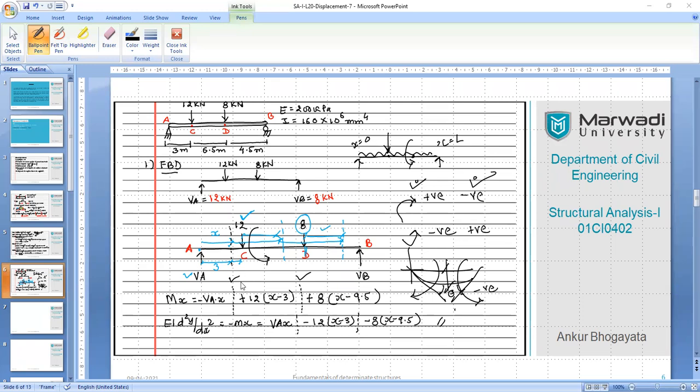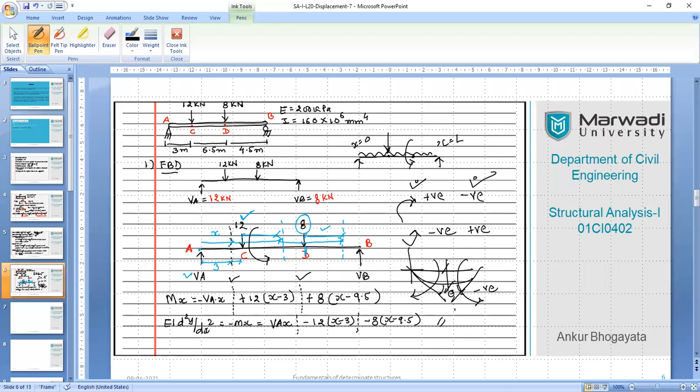So quickly, I will give you a glance of what the speciality of Macaulay's method is. As you can read from this presentation, from this line, yesterday we wrote the generalized equation of the moment.